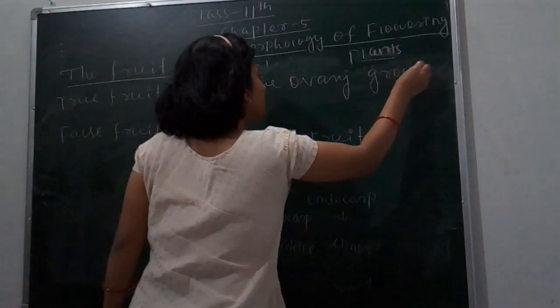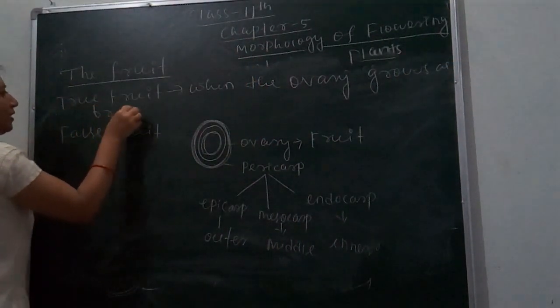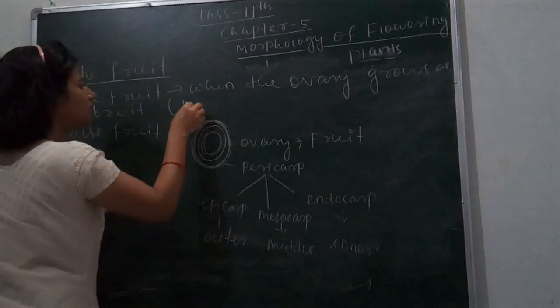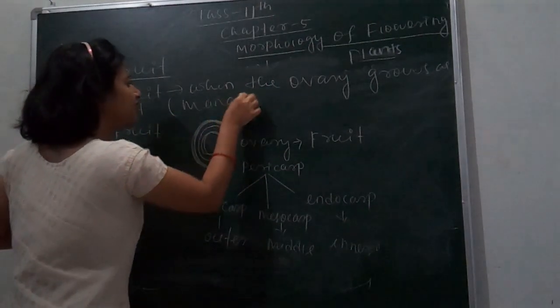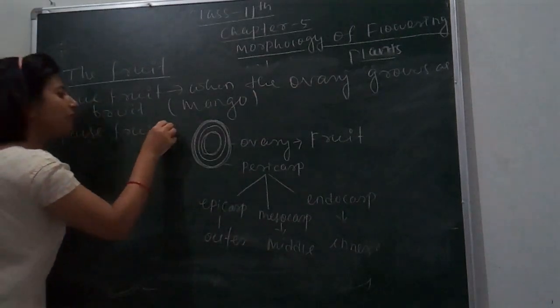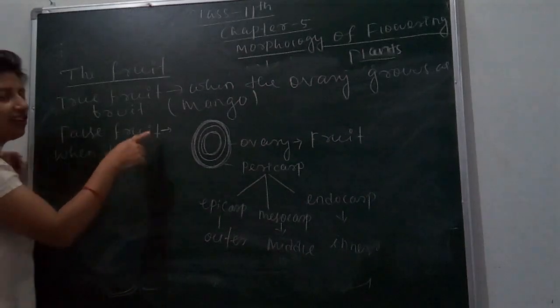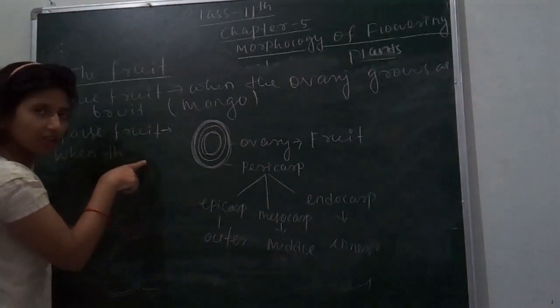For example, you can give mango. Mango is a true fruit. And false fruit means when the ovary does not grow as fruit. In the case of false fruit, it is the thalamus, on which the ovary is attached.